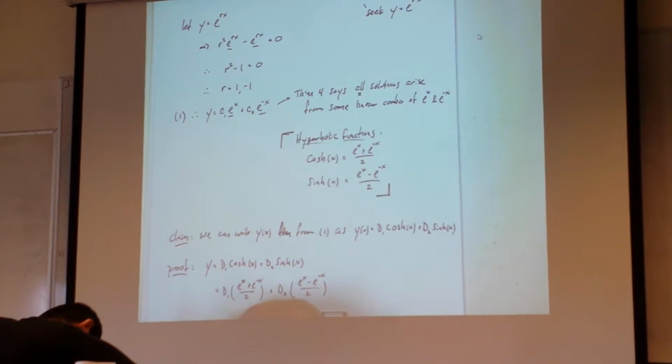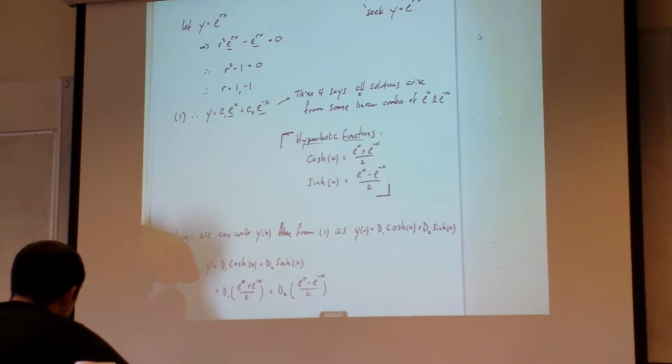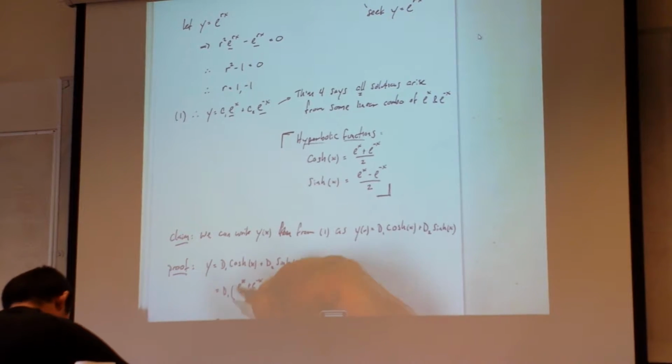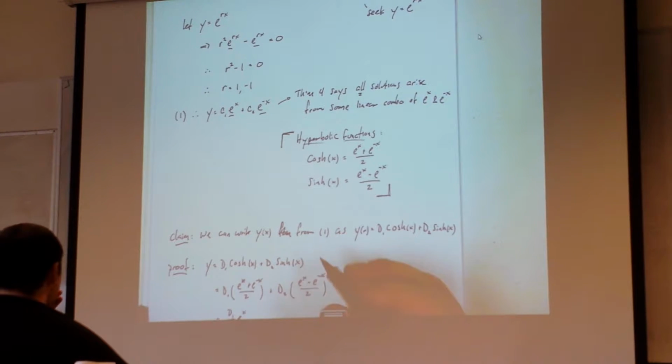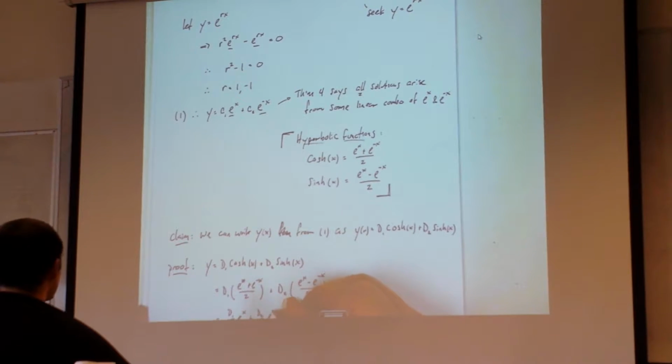And then combining, imagine distributing the d1 over 2. I want to gather factors of e to the x. It would be d1 over 2 e to the x, plus d2 over 2 e to the x.